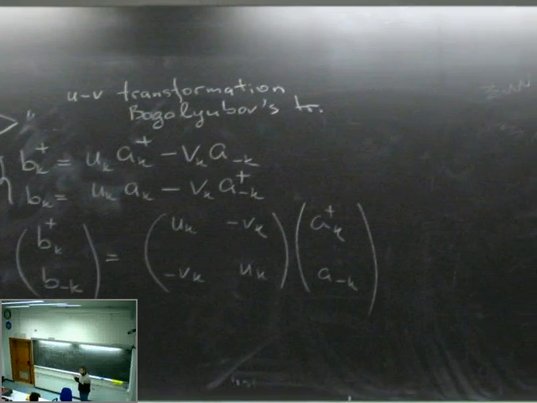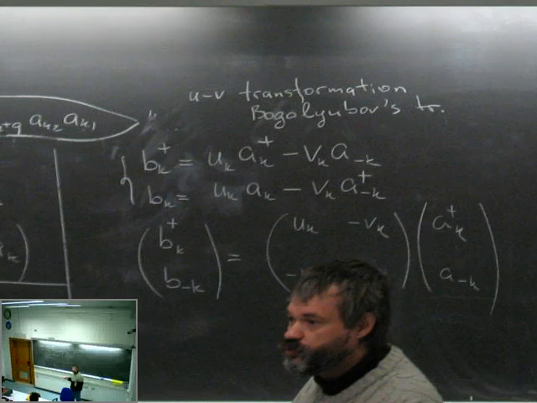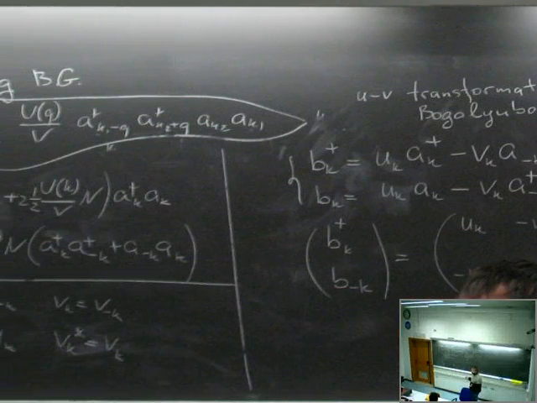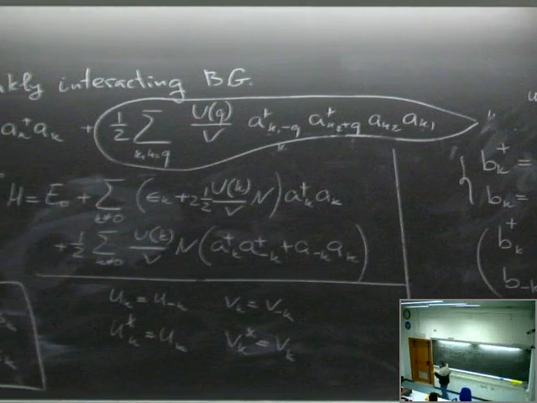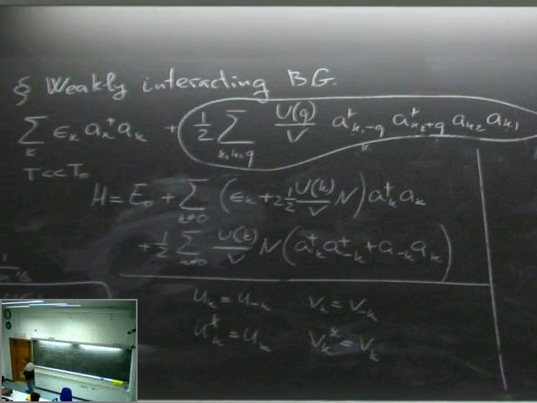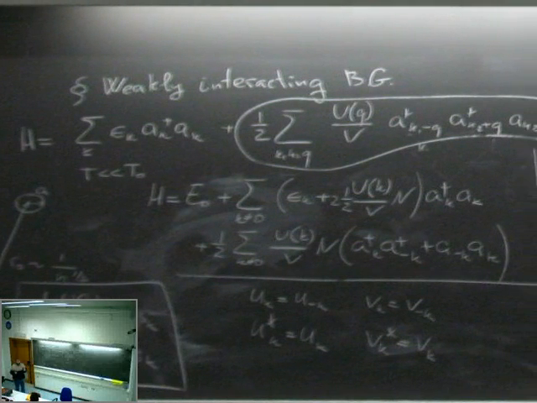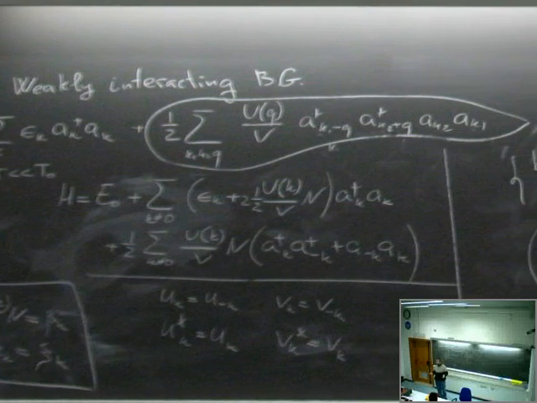Okay, so something is missing. What is missing? I introduced new quasi-particles, but who told me that these quasi-particles are bosons? I'm mixing bosons, and depending on the way I'm mixing them, I can get whatever I want. Therefore, I need to impose an additional condition. I want my new quasi-particles to be bosons as well.